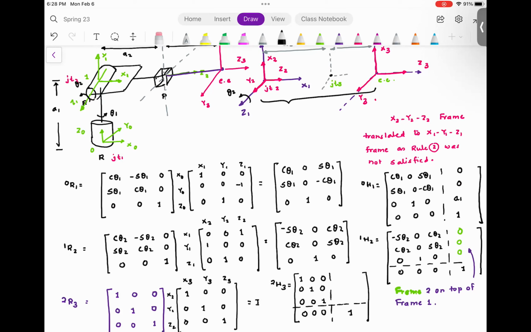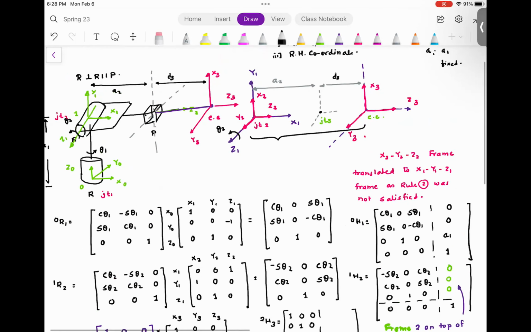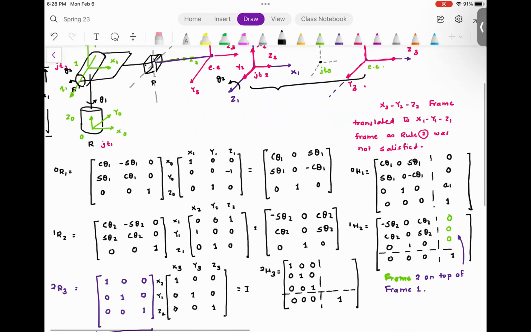Here is the frame x3, there is the frame 2, and the distance between these two is the addition of a2 plus d3. So this will be a2 plus d3 cosine theta 2, a2 plus d3 sine theta 2, and this will be 0. Are you with me so far?